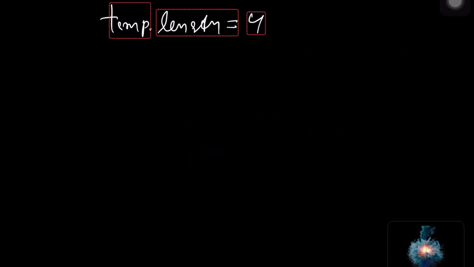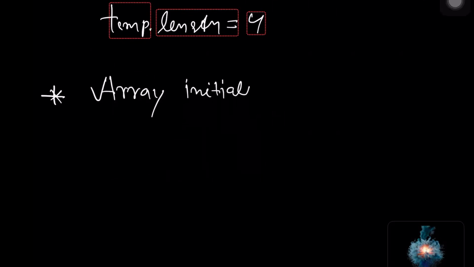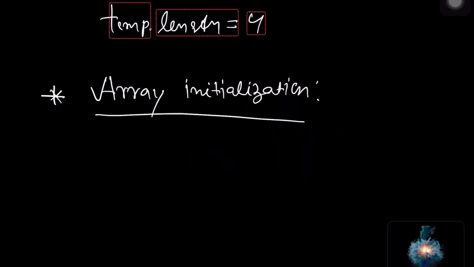Okay. As I said, there are 3 things: declaration, construction, and initialization. Initialization is also very important. Till now, we have only declared an array and created an array.